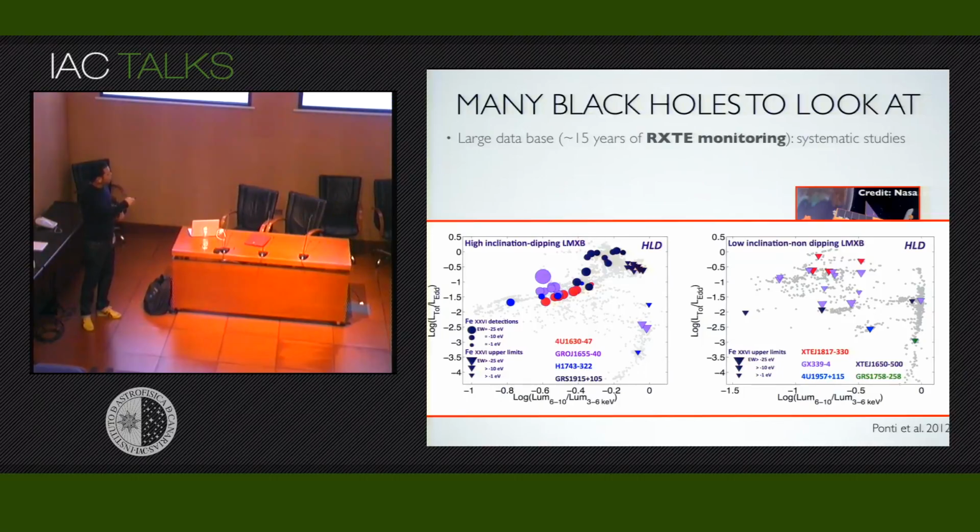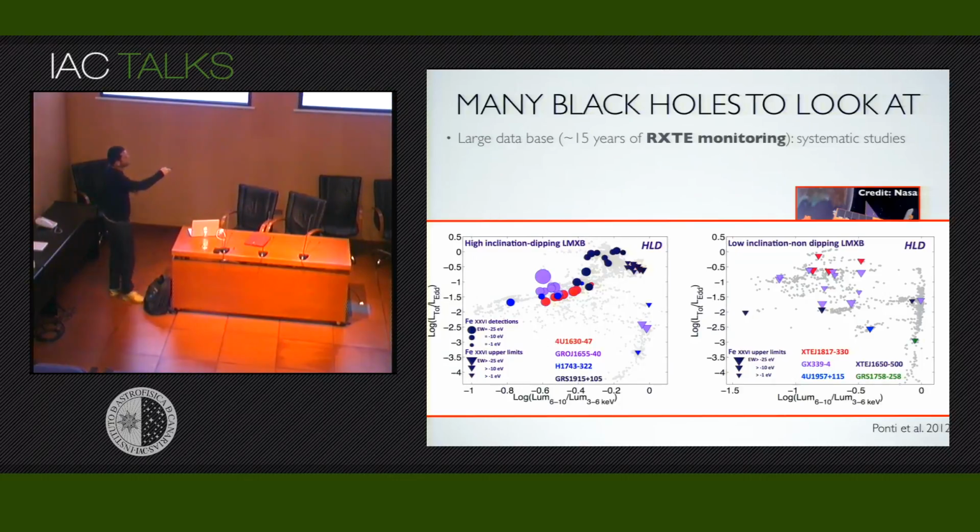The circles mean the detection of X-ray absorption lines that are interpreted as coming from accretion disk winds, and triangles mean non-detections. So at high inclination, and when the system is soft, they detect these accretion disk winds, whereas at low inclination, they don't detect any wind.